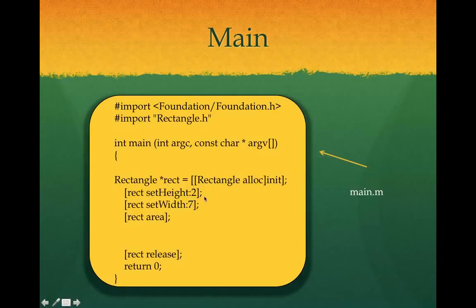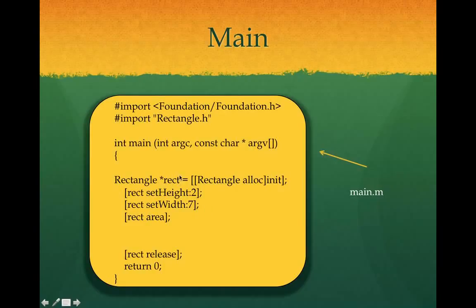This is pretty different from other programming languages such as C, C++ or Java, where calling a method is just like this one: you call the method and you use these brackets. So this is the only difference in calling our methods. Okay, and the third method is rect area, and that's all for our methods.